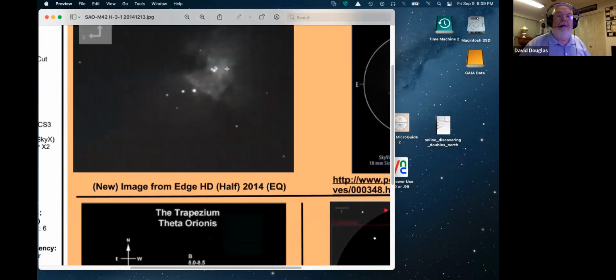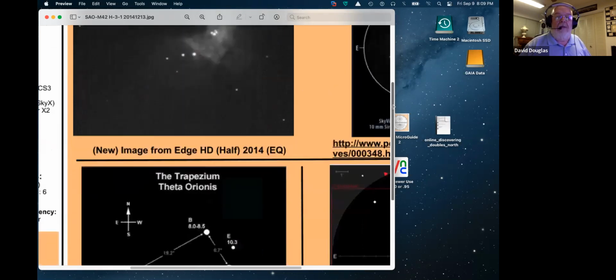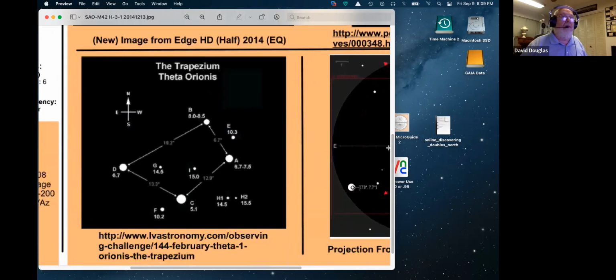Those 4 right there within the nebulosity of the Orion Nebula. That's the trap. But when you look at what's really there, and this is a good item that comes up in discussion, even at star parties, here's the actual commonly used layout of the trapezium.